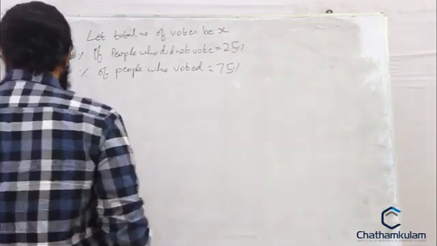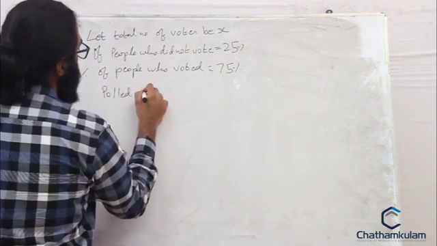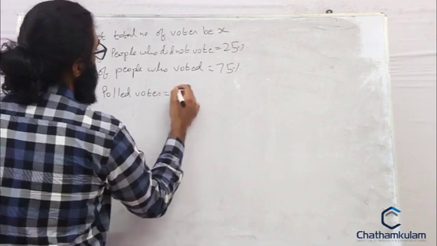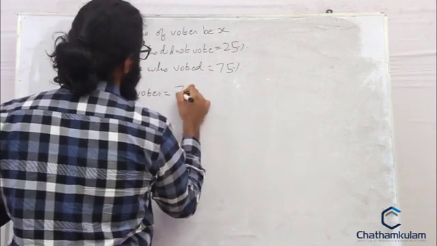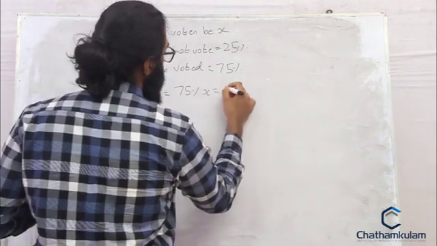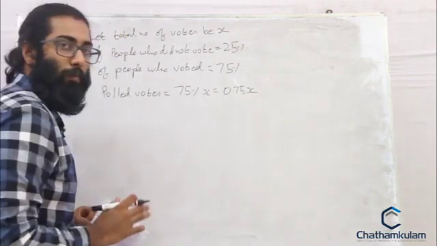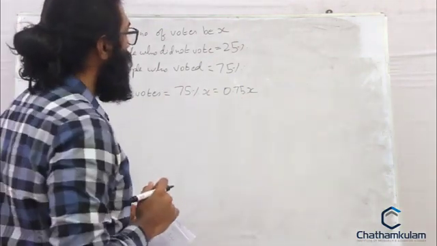The number of polled votes is equal to 75% of x, that is 0.75x. This is the total number of people who have voted.